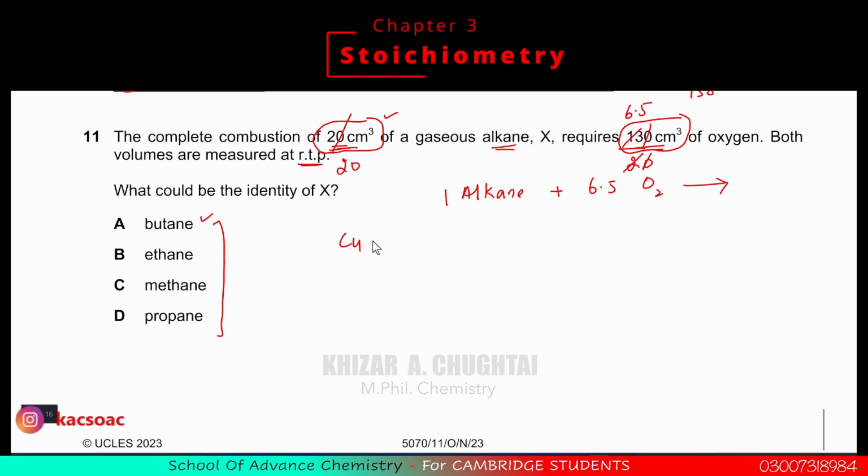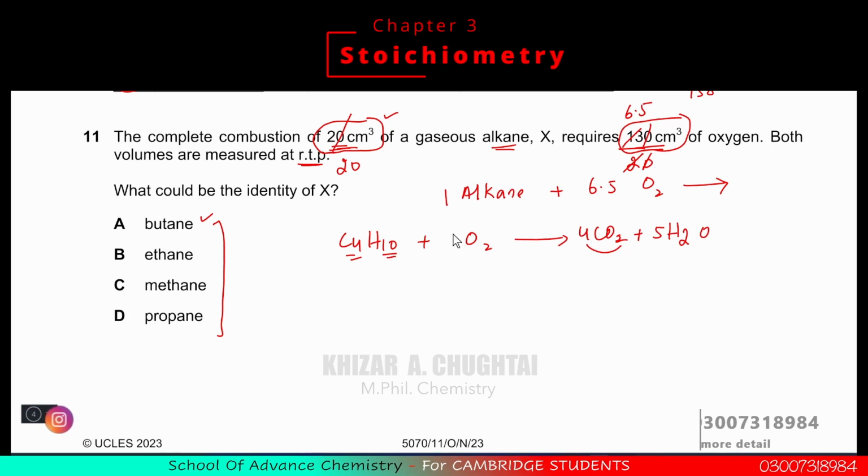Butane, that is C4H10. If I'm going to react it with oxygen, then let's see over here, 4 carbons, so 4 mole of CO2 will be there and 5 mole of water will be there, as the 10 mole of hydrogen atoms are there. So what is the answer of oxygen? 4 2s are 8 plus 5, that is 13.